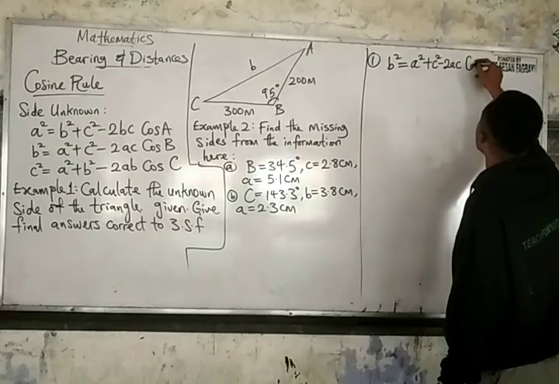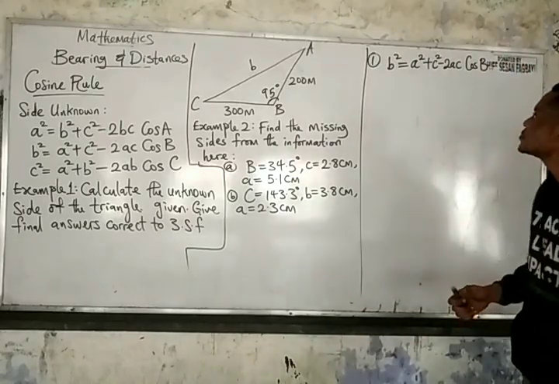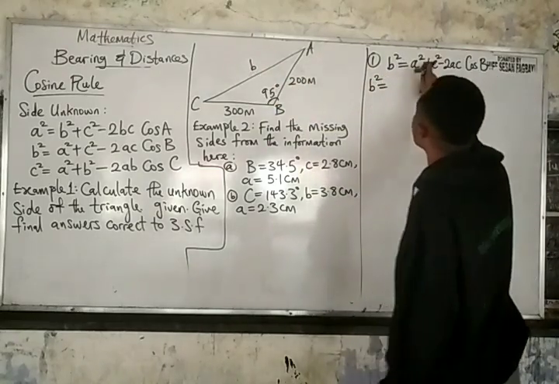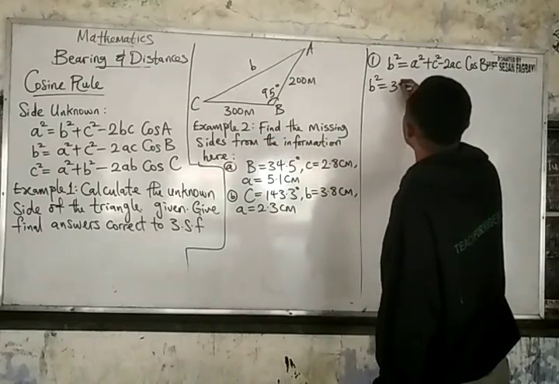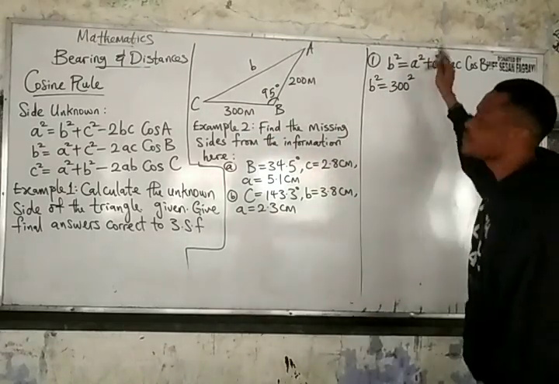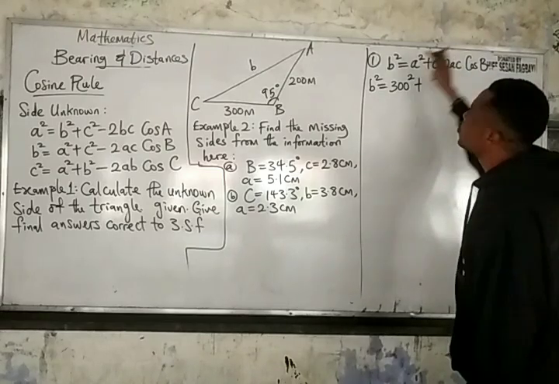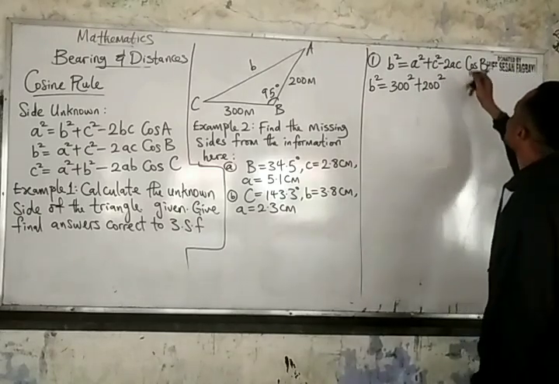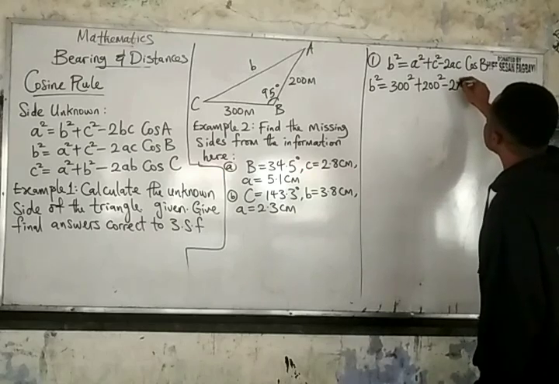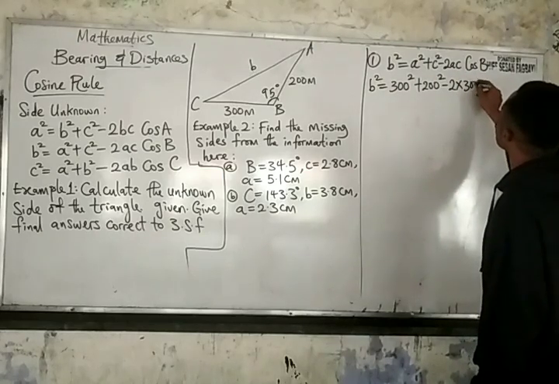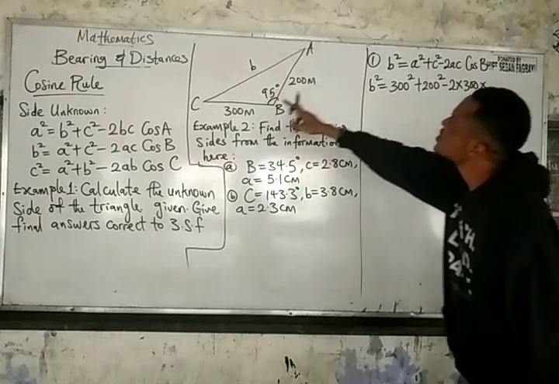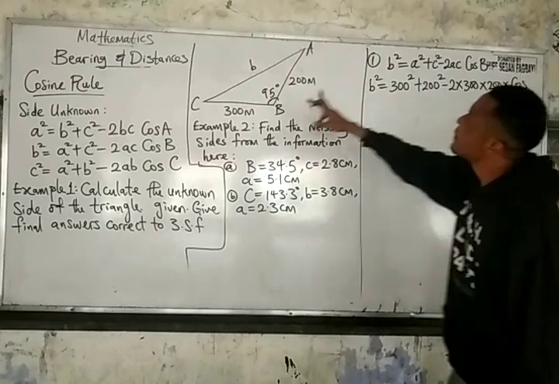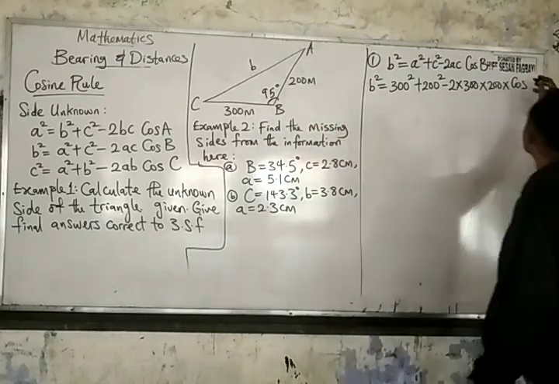So we have B squared equals A, which is 300, which we are going to square, plus C, which is given to be 200, so 200 squared, and minus 2 multiplied by A, which is 300, multiplied by C, which is 200, everything multiplied by cos B, which is 95 degrees.